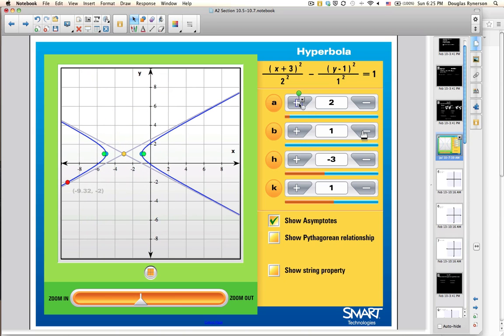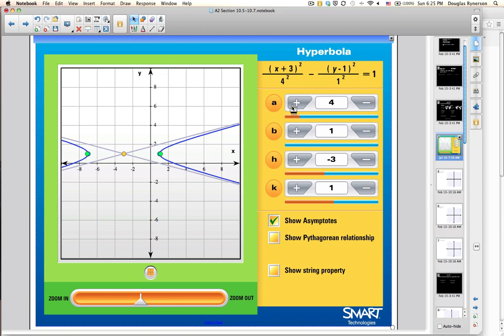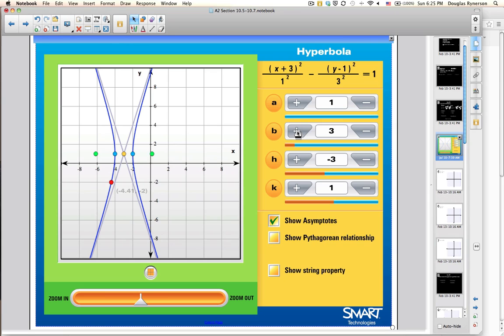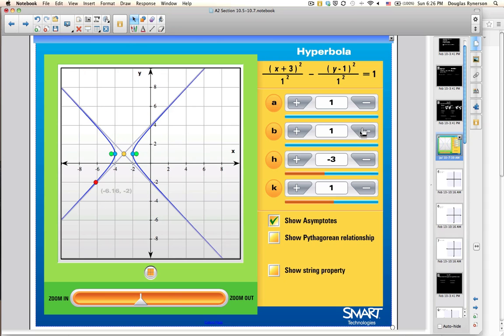So if I make my denominator bigger, it flattens the line out. If I make my denominator smaller, it makes it taller. And the same here with the numerator. If I make it larger, it makes the line steeper. If I make it smaller, it makes them flatter.